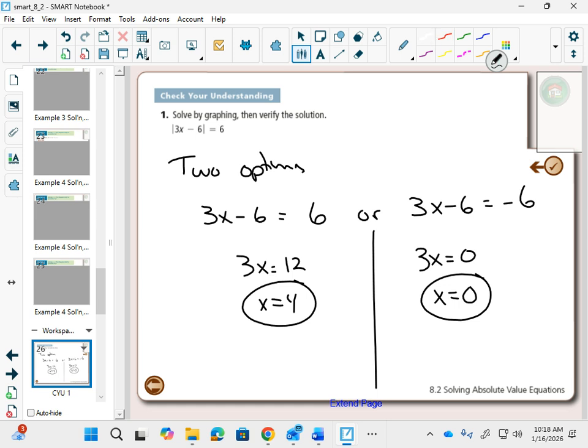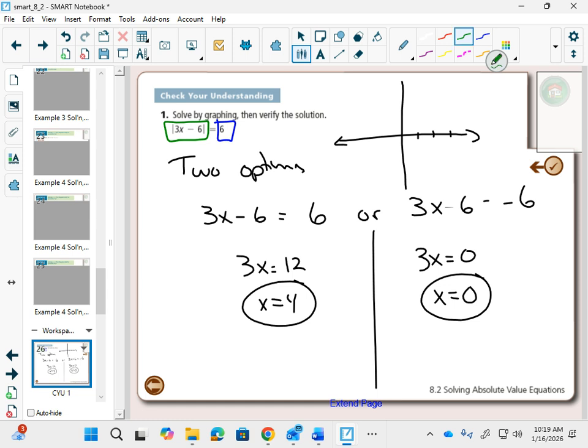the one side in one color. We graph the other side in a different color and see where the two graphs cross. So, if I was solving this by graph, 3x minus 6 has an x-intercept at 2.